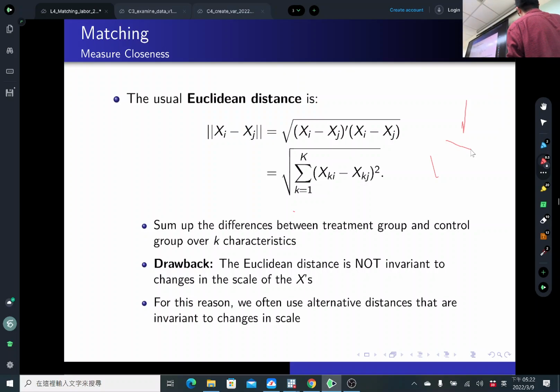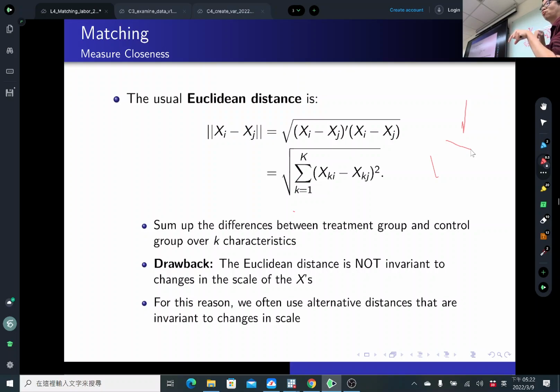So it's also similar, but it's just one dimension: x_ik minus x_jk, squared. For each individual i in the treatment group, you just find one person in the control group who has a very similar age. Okay, but now k could be 2.